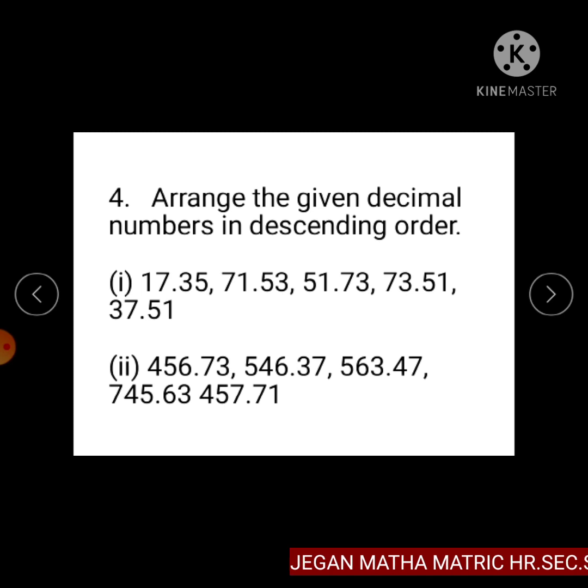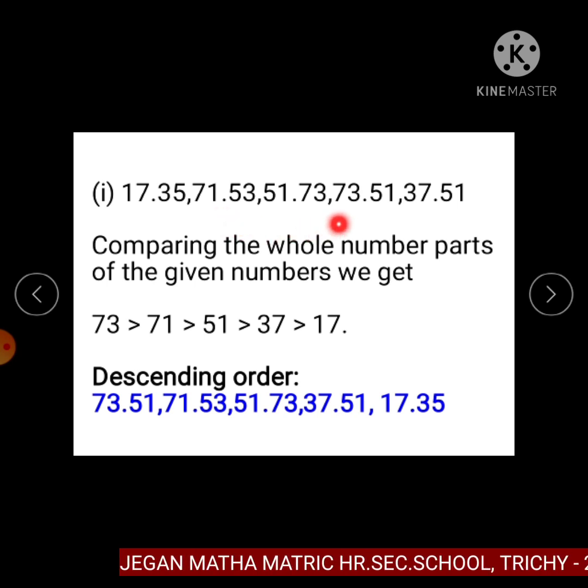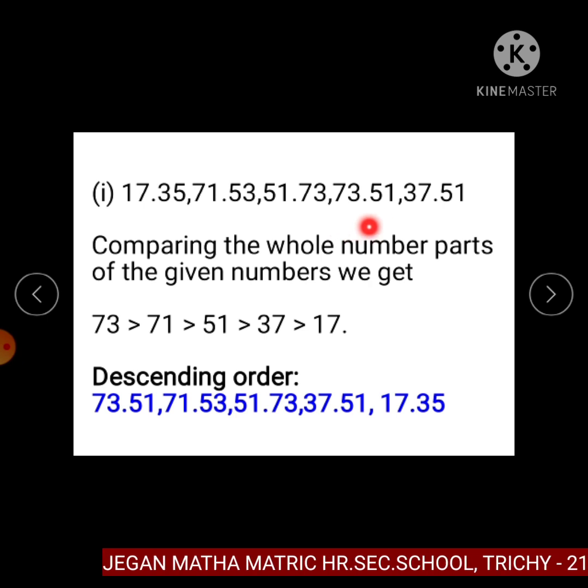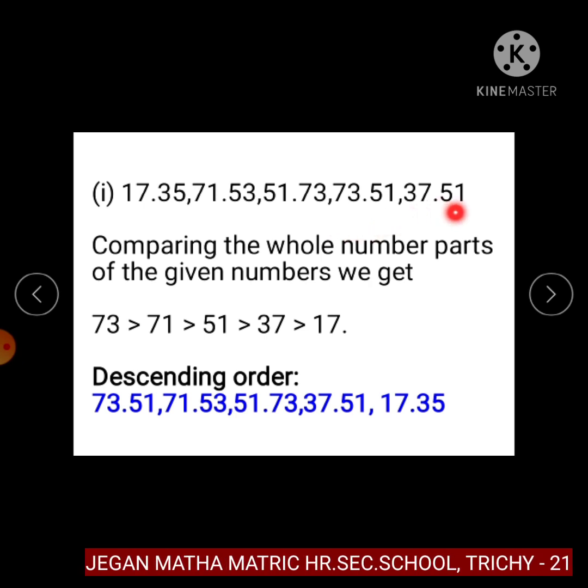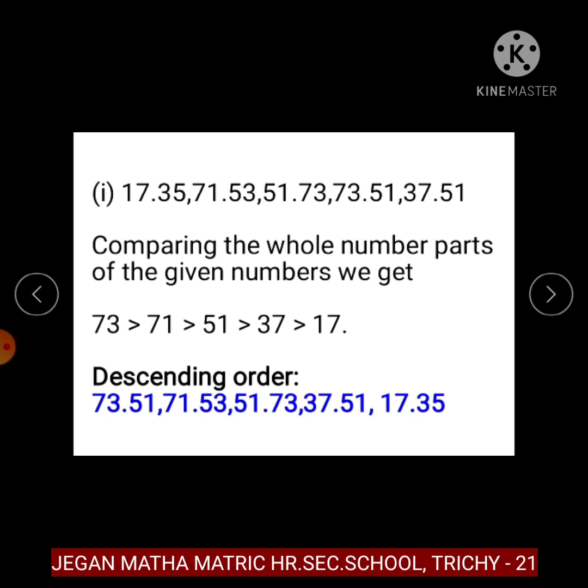Question number 4. Arrange the given decimal numbers in descending order. Subdivision 1. The given numbers are 17.35, 71.53, 51.73, 73.51 and 37.51. Now we compare the whole number parts of the given numbers.